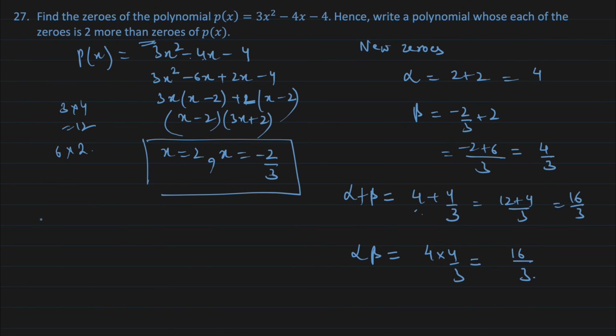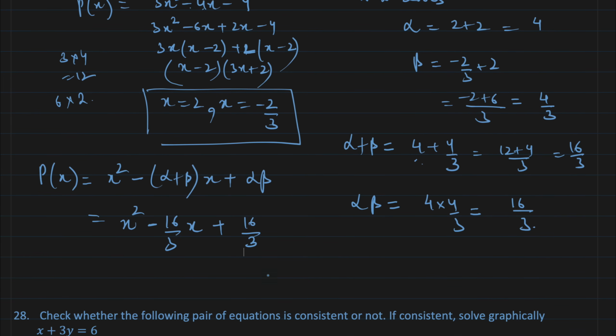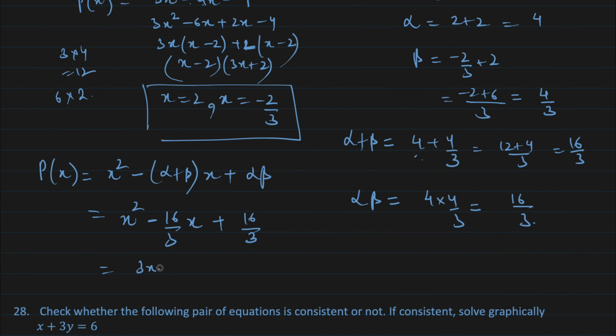So p(x) will be given by x square minus (alpha plus beta)x plus alpha beta. You don't have to take that k also. So x square minus 16 by 3 x plus 16 by 3. You can also write it in this form, 3x square minus 16x plus 16.